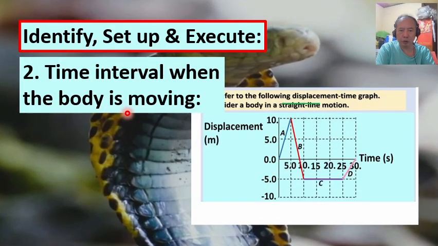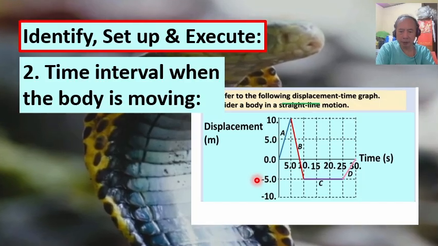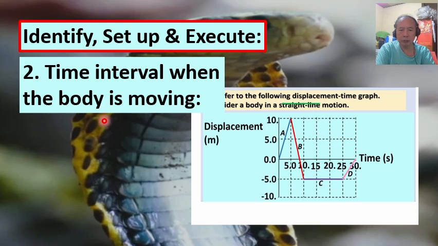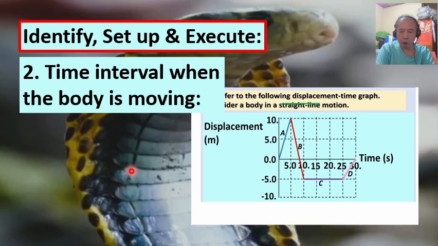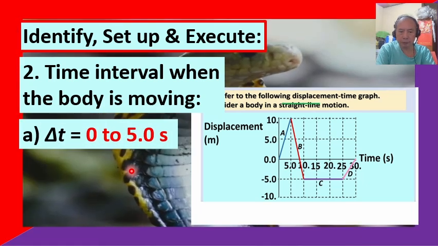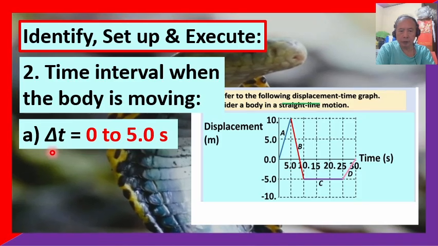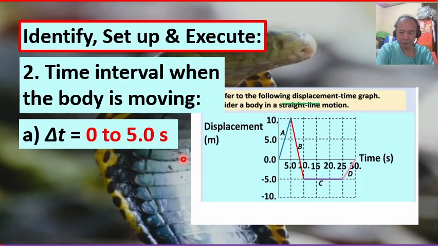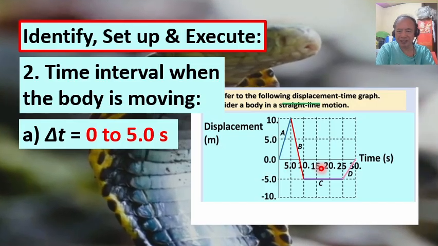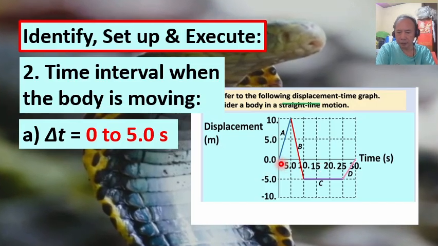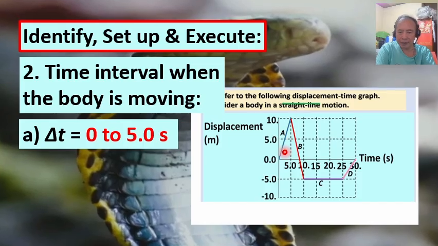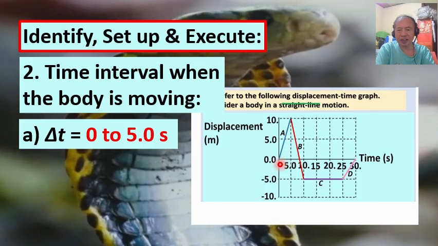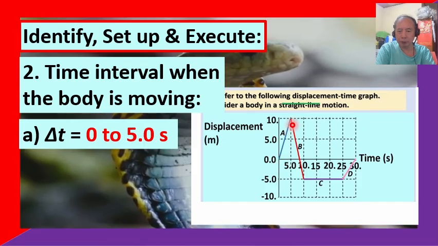The second information that we can glean from a displacement time graph is the time interval when the body is in motion. For example, for the time interval 0 to 5.0 seconds, which is represented in the graph by the graph line A. So graph line A is straight, sloping upward to the right.